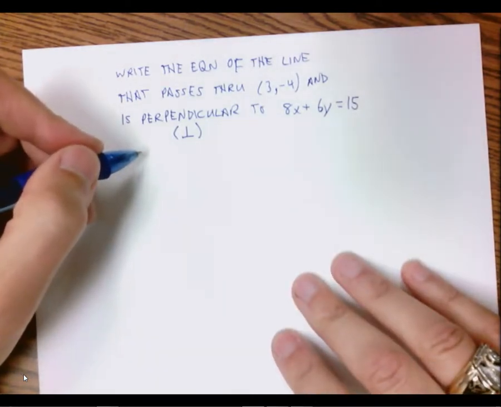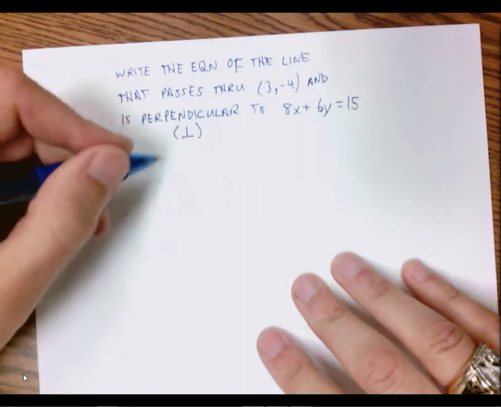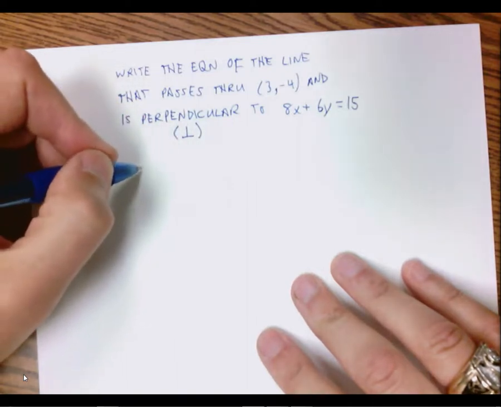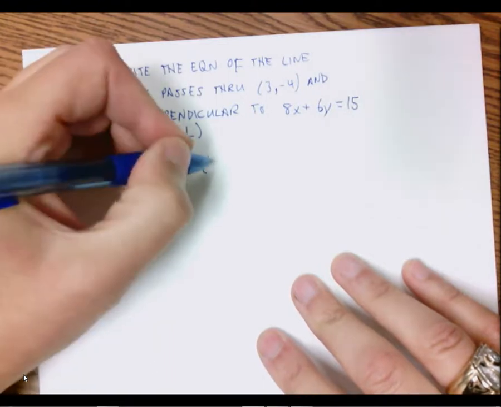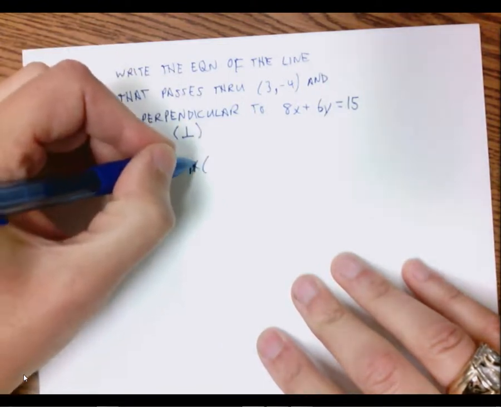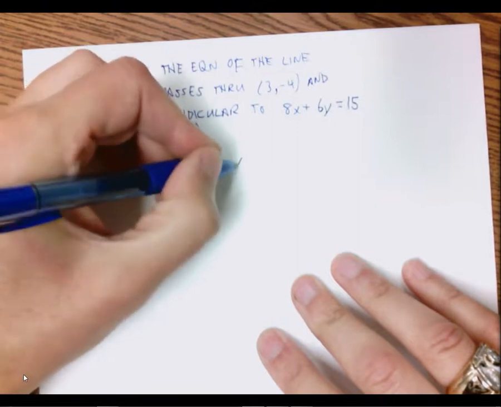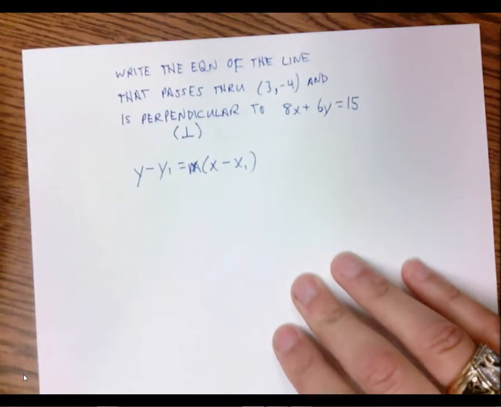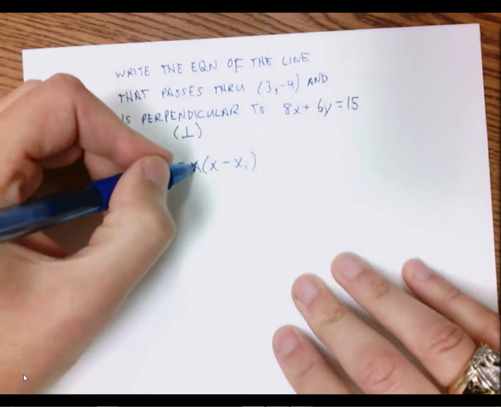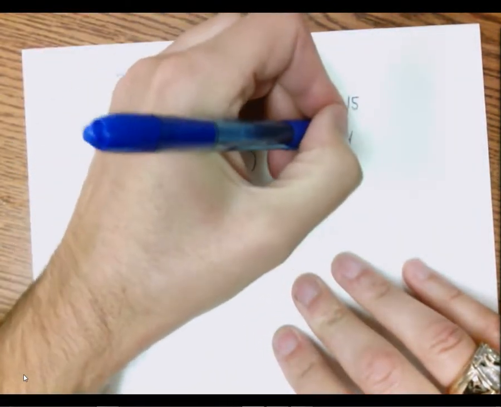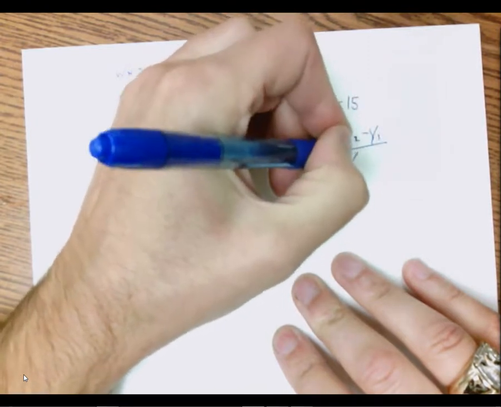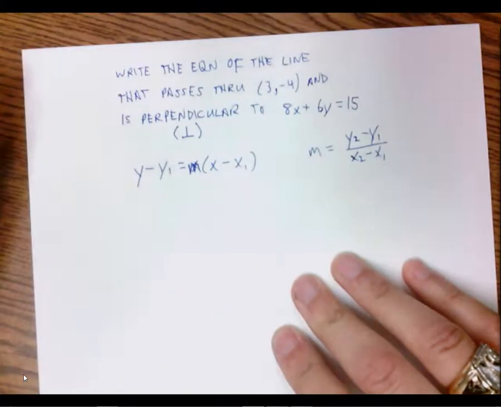First thing I want to point out is that we're going to use the point slope form: y minus y1 equals m times x minus x1. And where we get this formula from is the formula for slope, which is m equals y2 minus y1 over x2 minus x1.